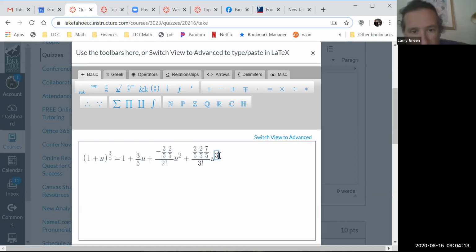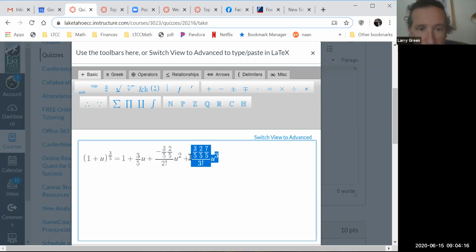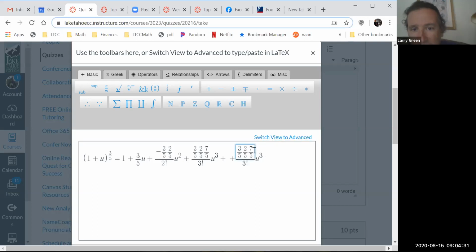We're getting there. Let's do the next one, because you may not see a pattern yet, but hopefully in the next one you'll see the pattern. So plus, and now you're going to have 3/5 times -2/5 times -7/5, and then subtract another 5/5, and you get -12/5.